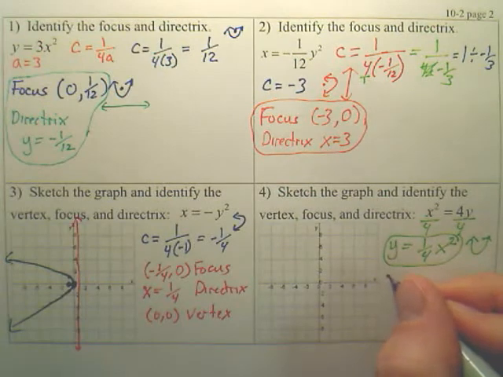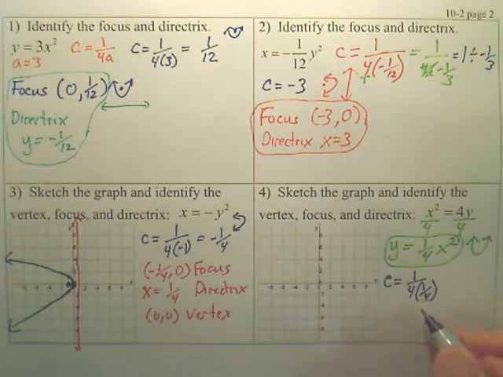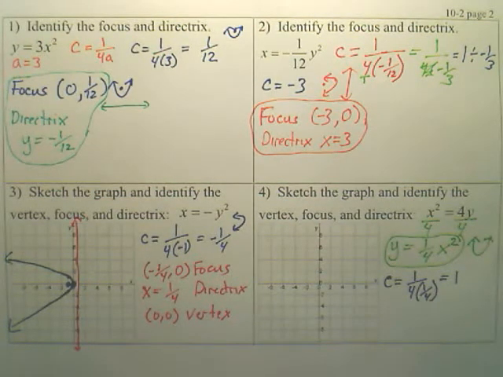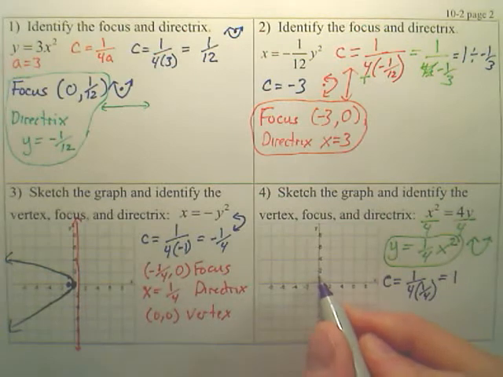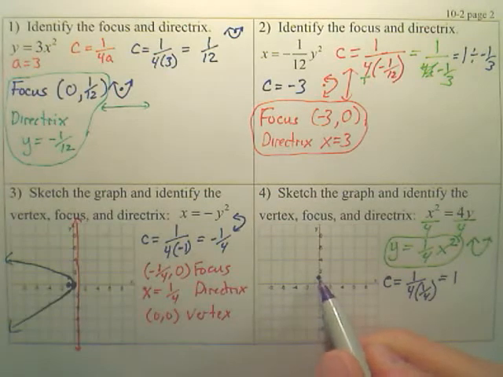To find my focus, I'm going to do 1 over 4 times 1/4. What's 4 times 1/4? 1. And 1 over 1, isn't that 1? So doesn't that mean my focus is going to be up 1? By the way, these go by 2, so watch carefully. So I want to be up 1 for my focus.